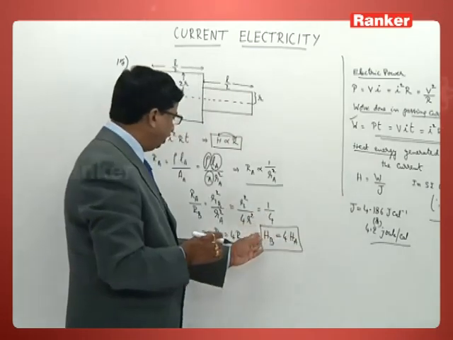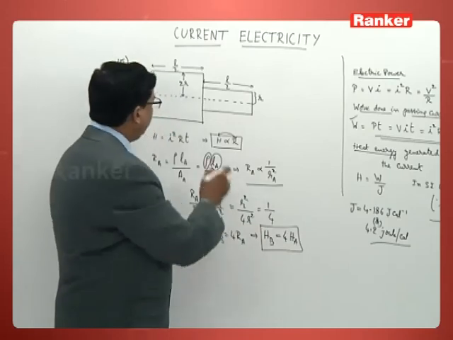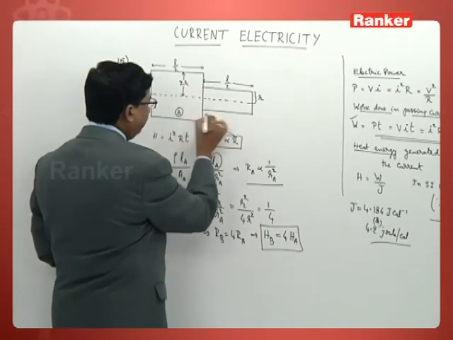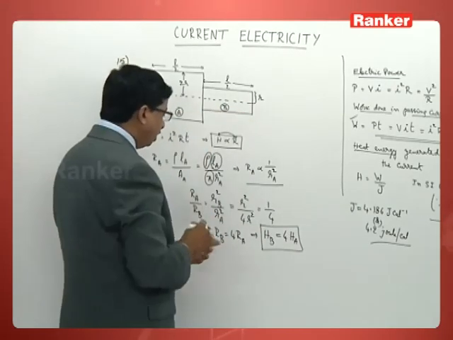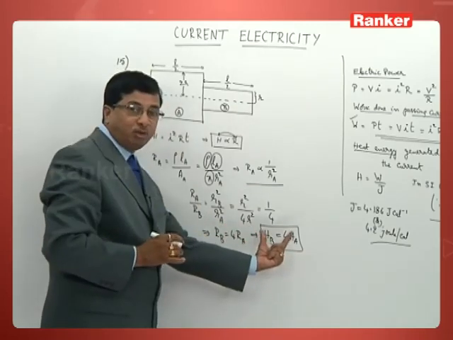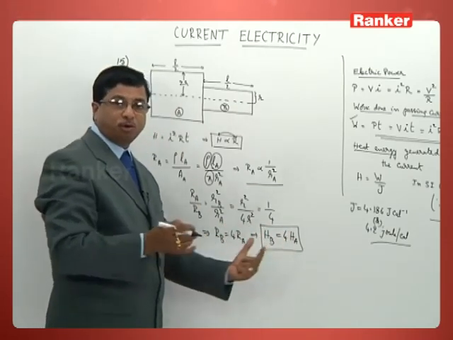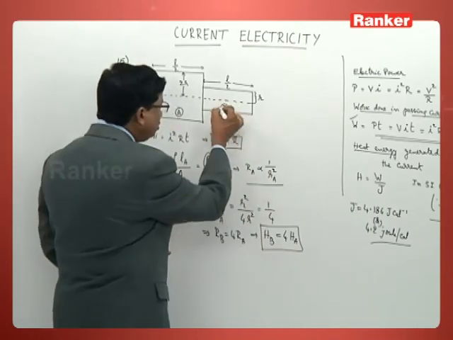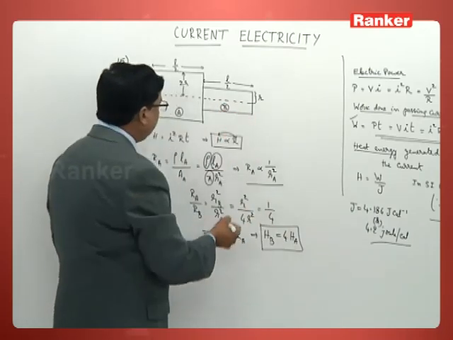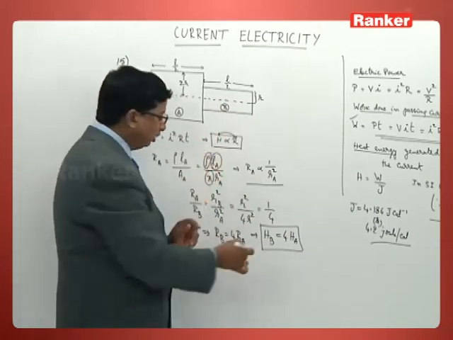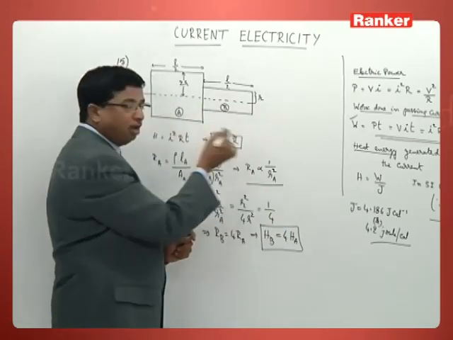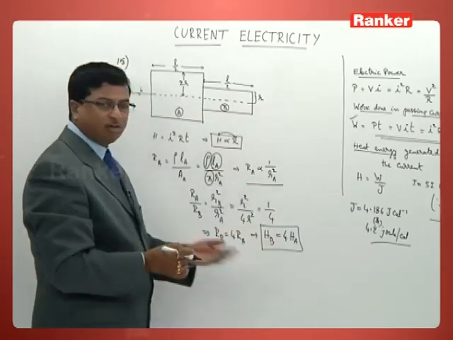Very clearly you are getting the same. Heat produced in the second bar is equal to 4 times the heat produced in the first bar. So that itself is our answer.